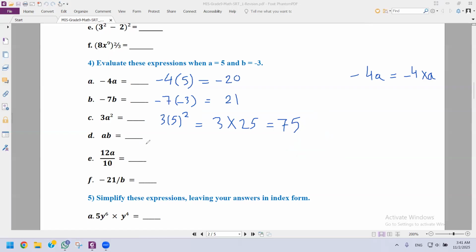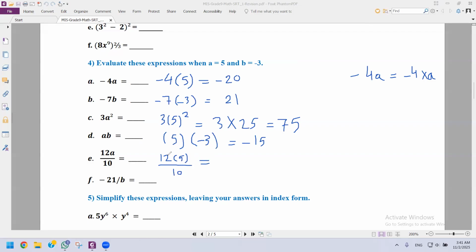Now, a b. A is 5, b is minus 3. Multiply, then 5 times minus 3 is minus 15. Next, 12a over 10. So it's 12 times 5 over 10.